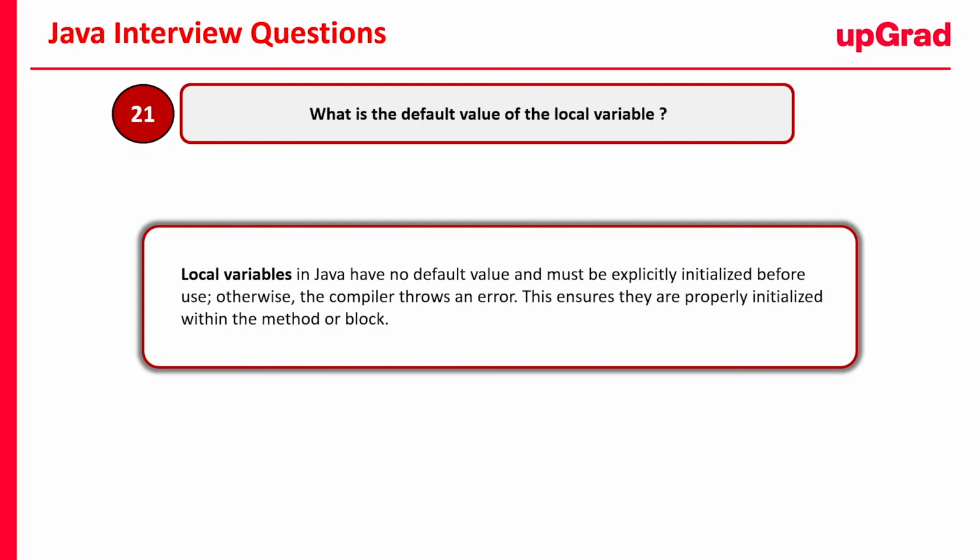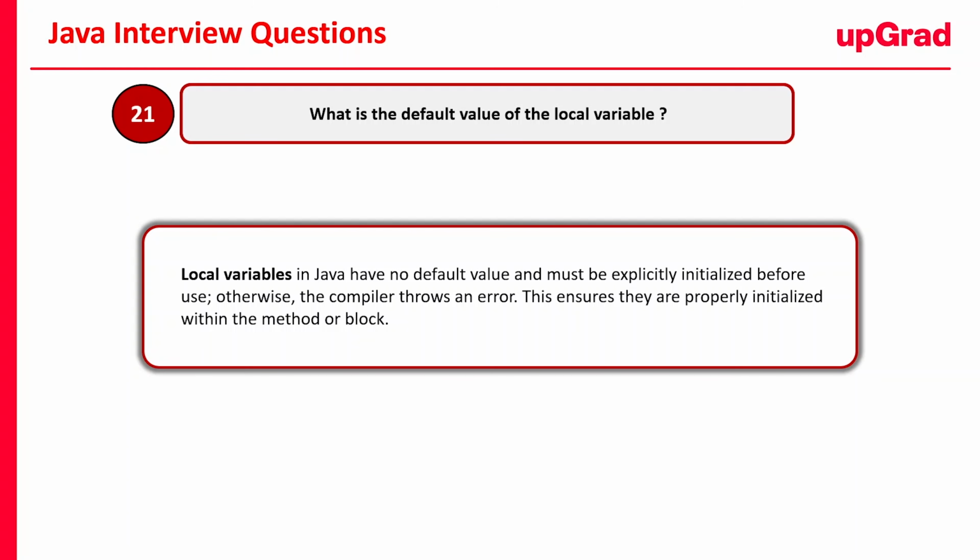Local variables must be explicitly assigned a value before use. Both primitive types like int and object references like String follow this rule. If you try to use a local variable without assigning it a value, the compiler will throw an error.